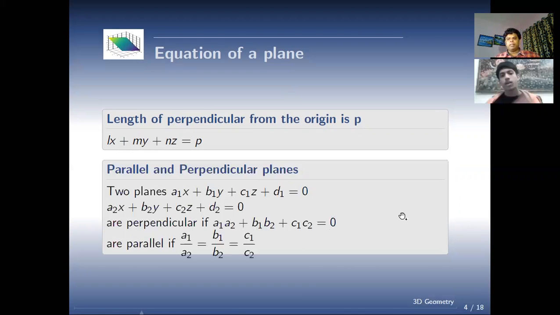And these two planes are parallel if they maintain the same ratio between the coefficients: A1 by A2 is equal to B1 by B2 equal to C1 by C2.